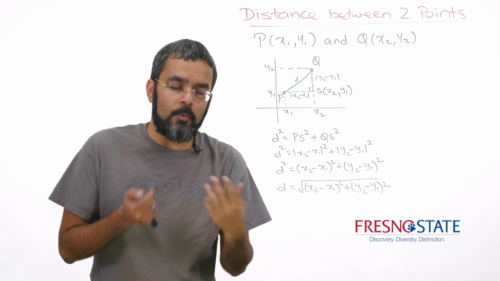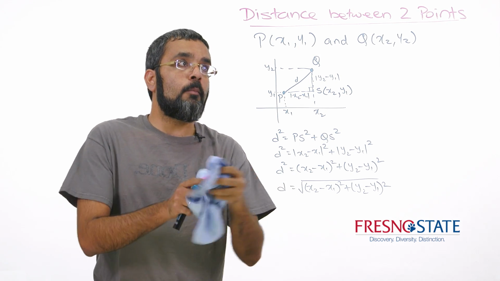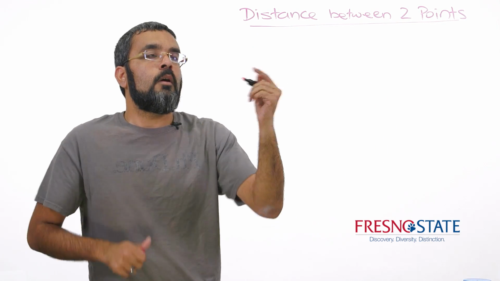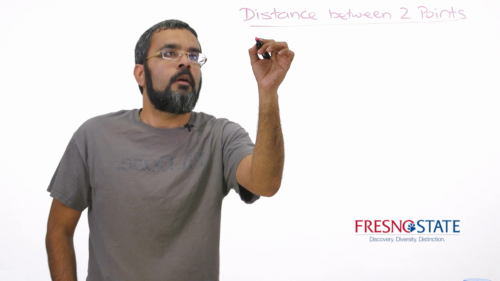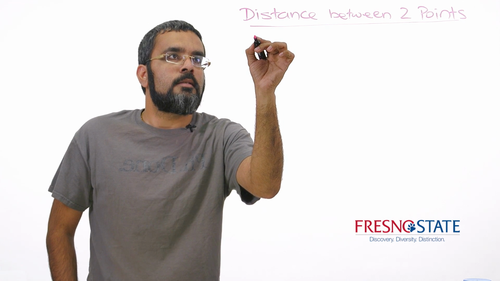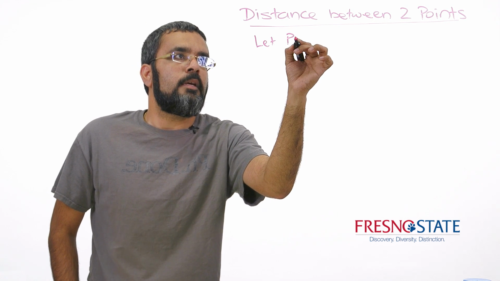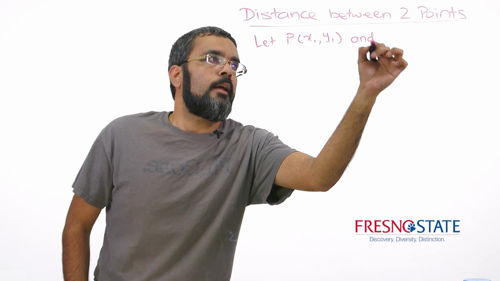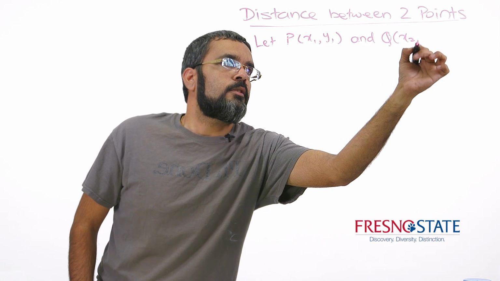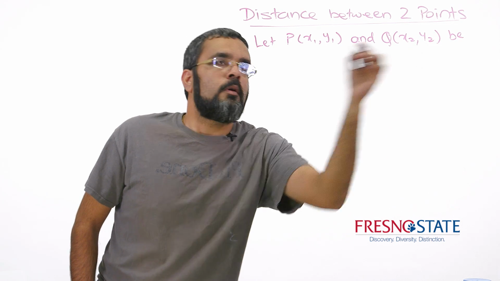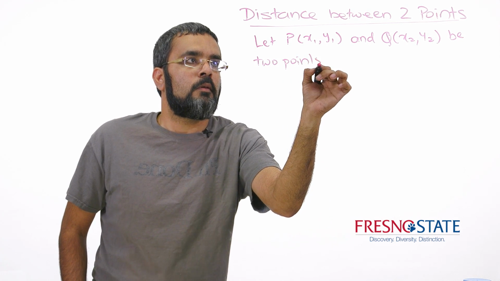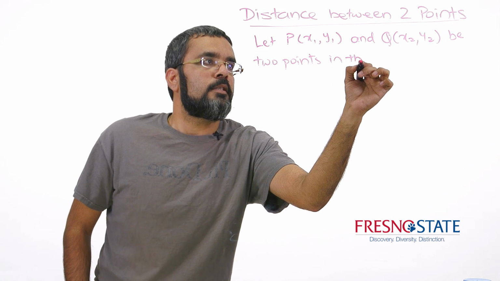Let's go ahead and write down what the distance formula is in a more formal way. Let P (x1, y1) and Q (x2, y2) be 2 points in the Cartesian plane.